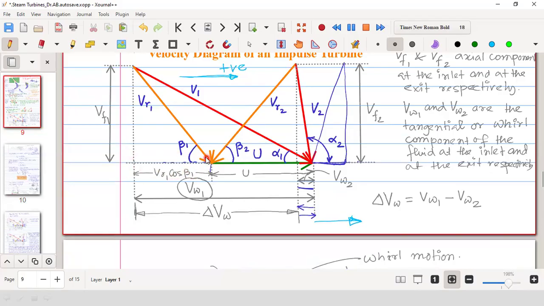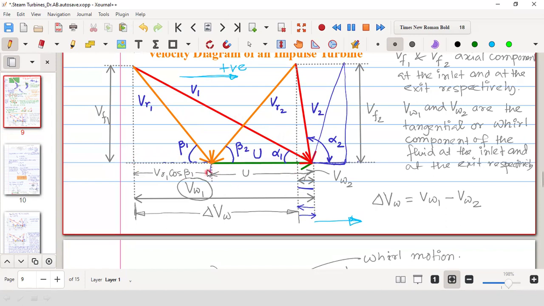So therefore, the component of the relative velocity in the tangential direction is equal to the total tangential velocity due to the absolute motion minus the velocity of the blade.